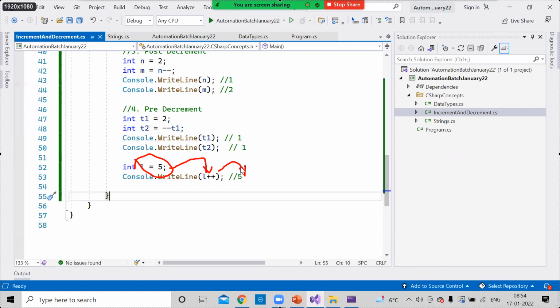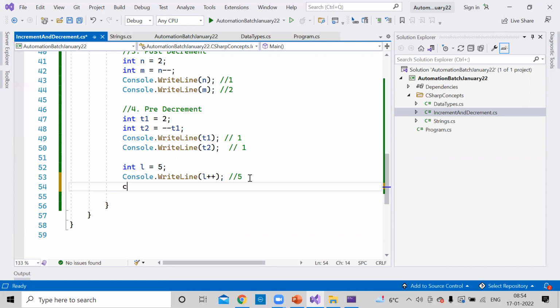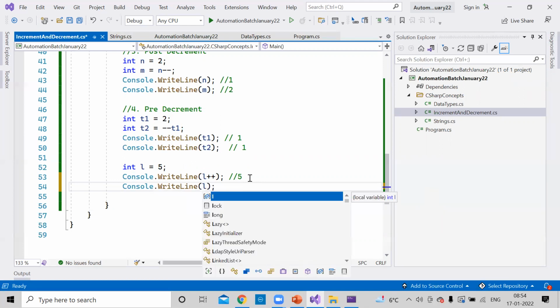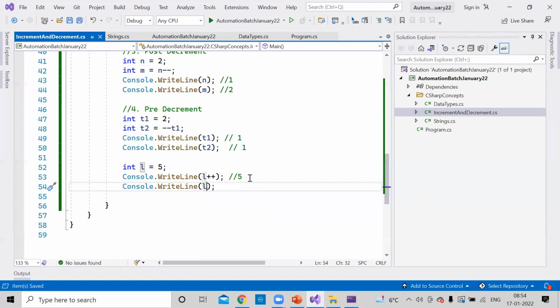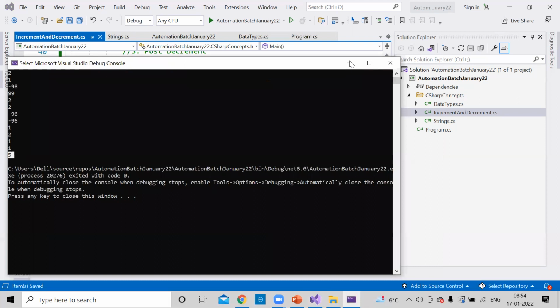Then after getting the output, we are increasing this value by 1. Now if someone wants to print the value of l, what kind of output will he get? Let us execute it and analyze.